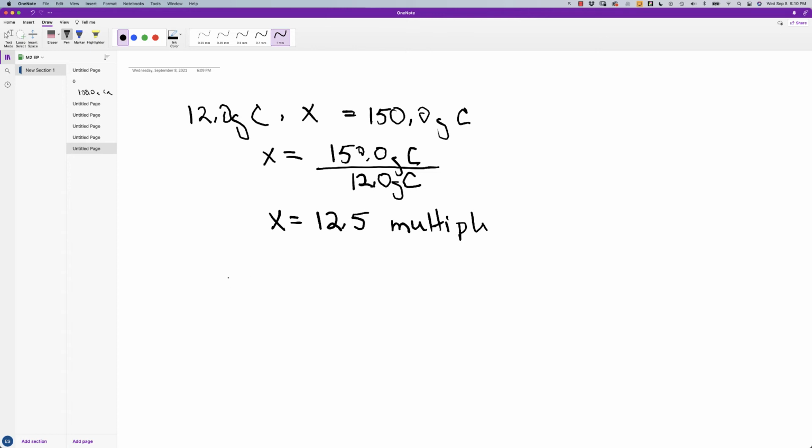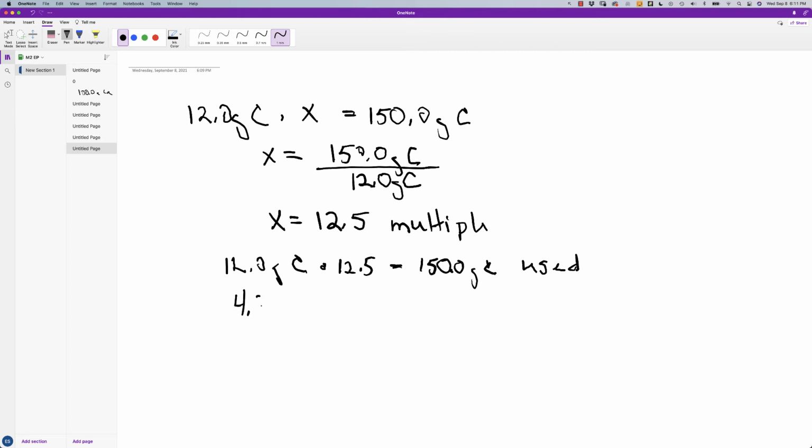Initially we had 12.0 grams of carbon. We should know this one already because we just did it in the opposite direction. So we know this will give us 150.0 grams of carbon used, which is what we used common sense to say was going to be used in the first place, all of it. The one we didn't know was the hydrogen.